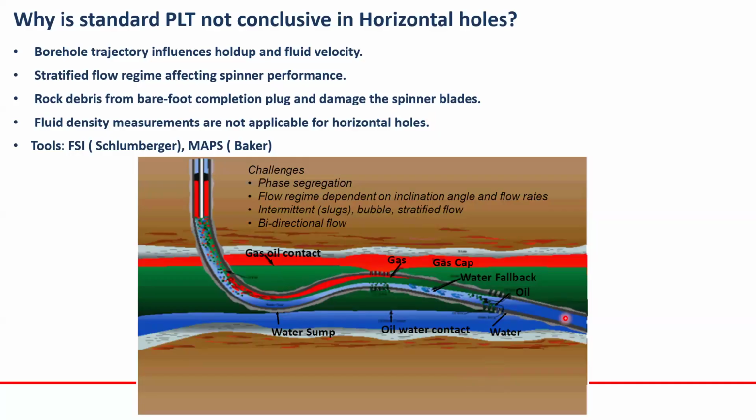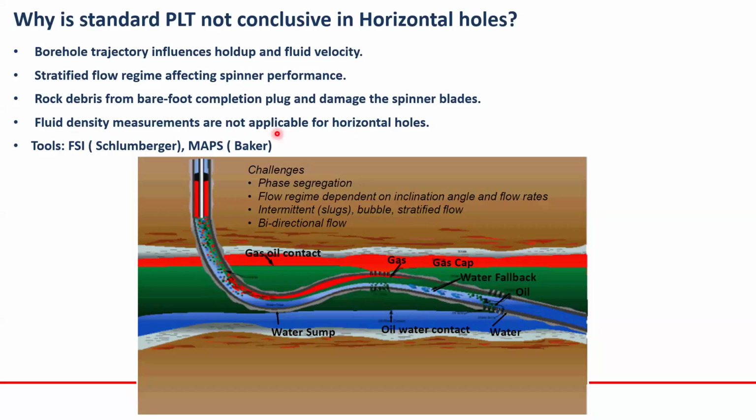Many companies complete the horizontal hole as barefoot, which means no casing, just open hole, so you have some debris that damages the spinner. Fluid density measurements are not applicable for a horizontal hole. The gradiometer is not working.